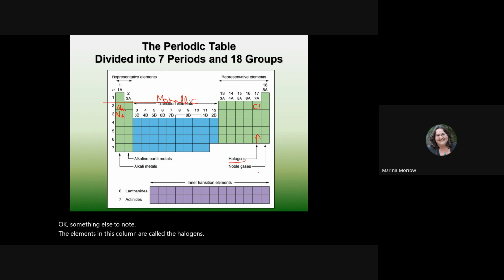And of course, the elements in the very last column are called the noble gases. They don't make compounds, so we're not going to be seeing too much of those in minerals. Okay, and for covalent bonds, we're going to be looking a lot at atoms around in here, plus hydrogen.